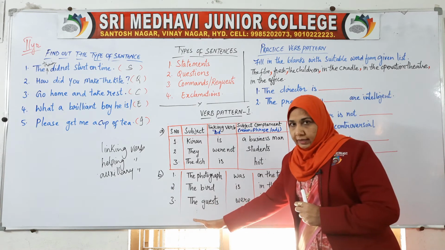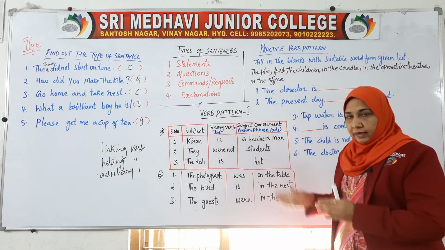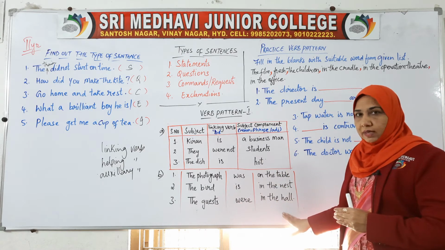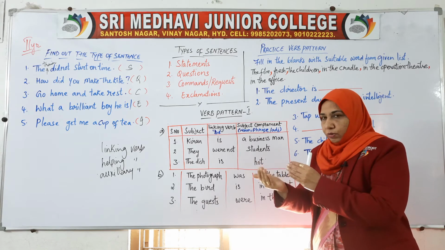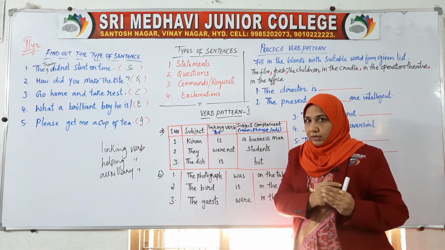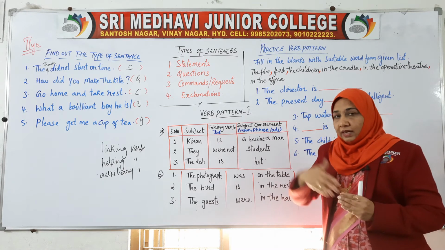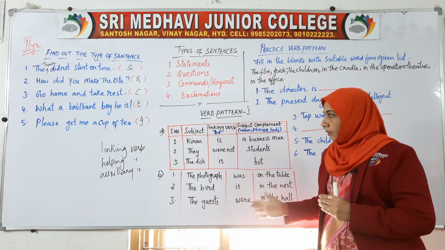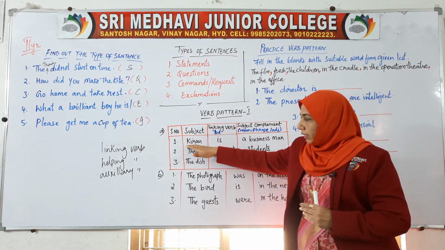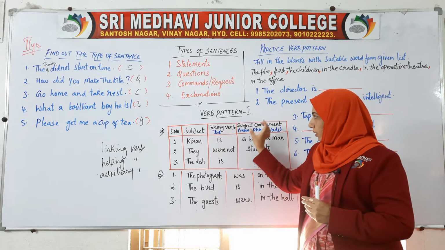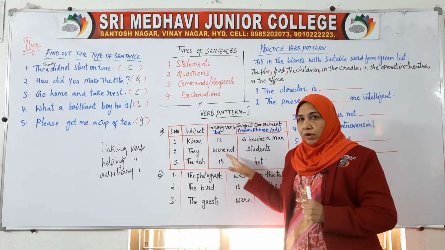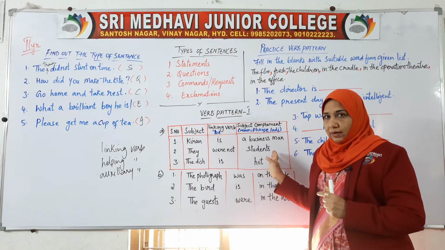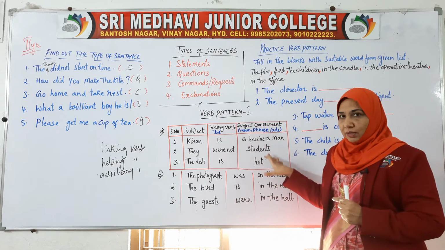Subject is the guests, were is the linking verb, the hall is the subject complement. To make clear where the subject is, how the subject is, that is your subject complement. Like Kiran is a businessman. This is a subject complement. Who were they? They were not students. This is also a subject complement.